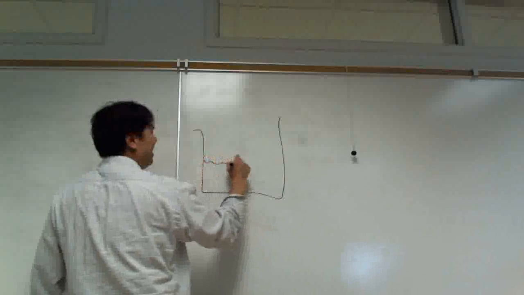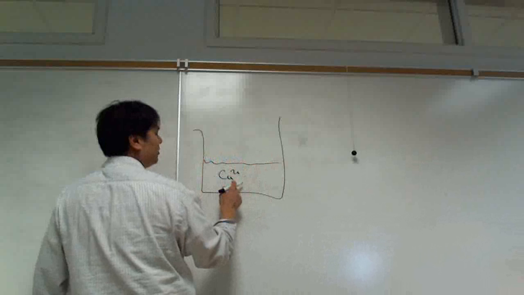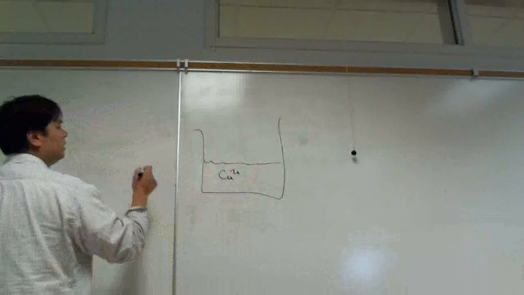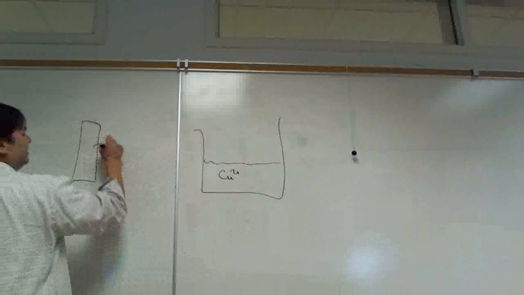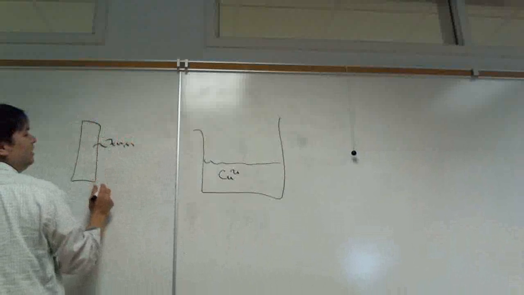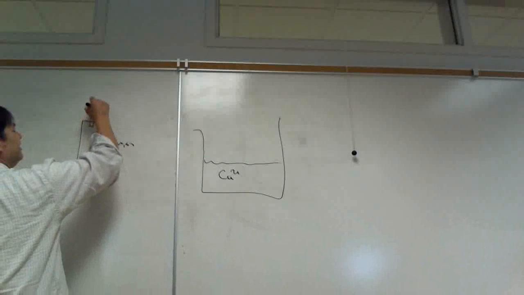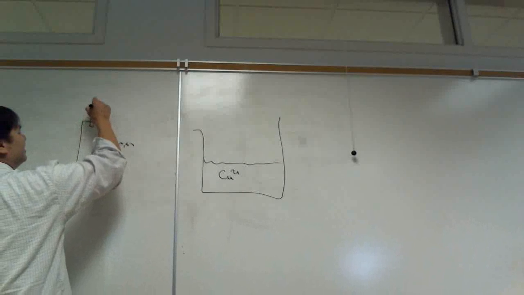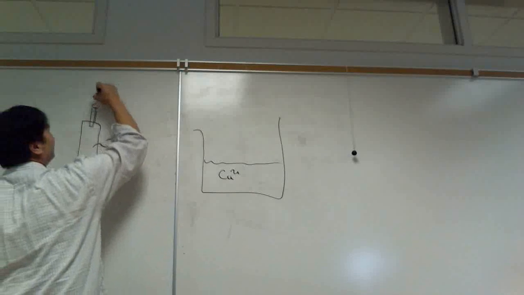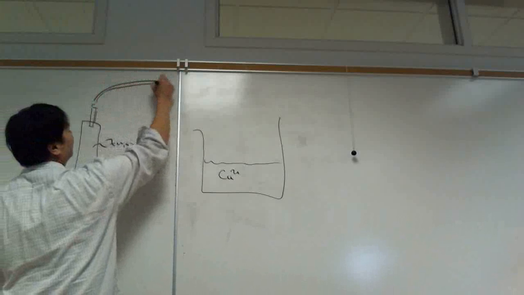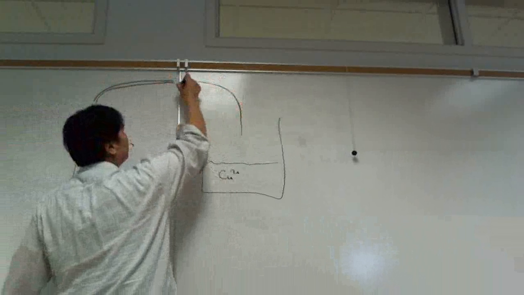Over here we have the copper 2 ions. The sulfate's a spectator, so I'm not going to show those. And then over here we have a stick of zinc, solid. What we want to do is attach one alligator clip to the zinc here. And then we're going to route the wire, the copper wire actually, over to this solution here.